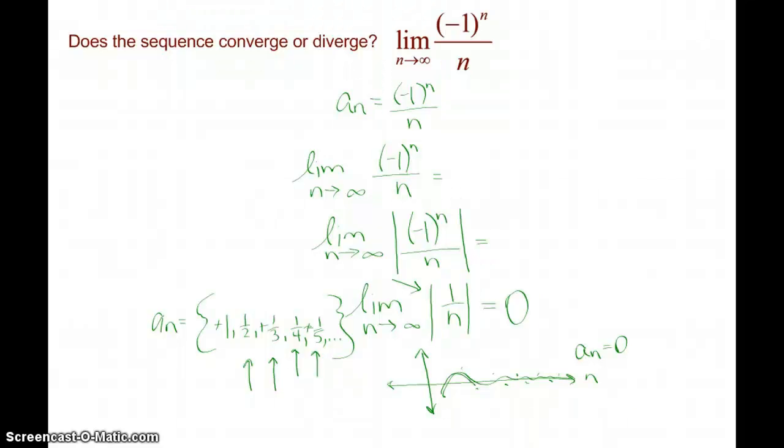Because when that limit goes to 0, it means this is what's happening. We're hovering above and below and above and below, but we're getting closer and closer to a value of 0. And in that case, that is sequence convergence. So this converges, and it converges to 0.